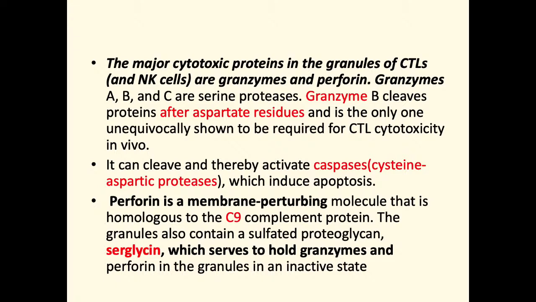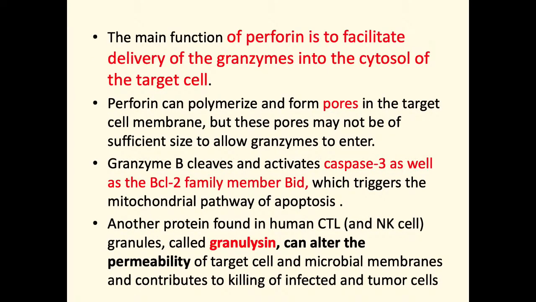But this perforin has nothing to do with C9. This is just for comparison: perforin is from the adaptive immune system, developed and released from CD8 T cells, and C9 is from the innate immune system, a complement protein. And as we discussed, perforin forms pores in the target cells, and therefore granzymes will be delivered.